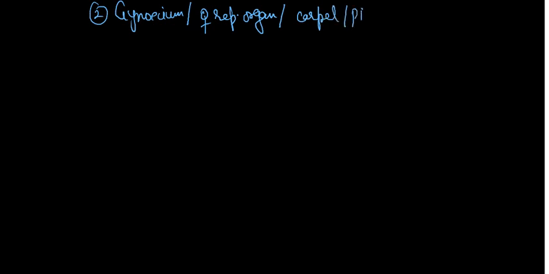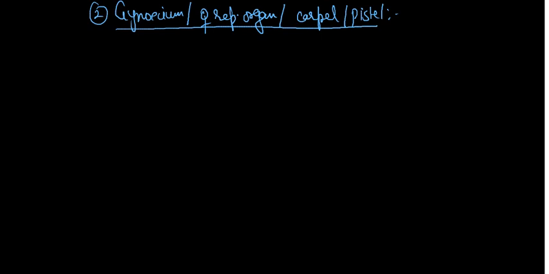The second one is gynoecium, which is also called the female reproductive organ, also called carpel, also called pistil. If we are going to draw the diagram of that, listen very carefully.